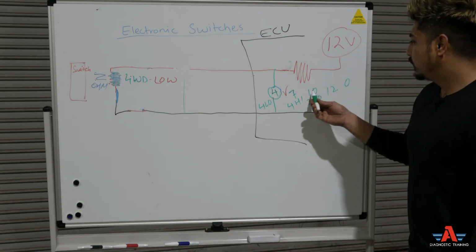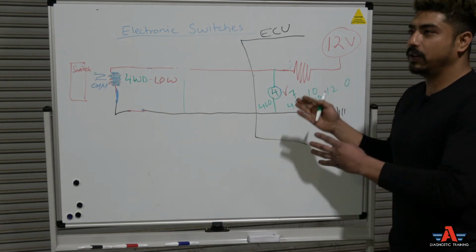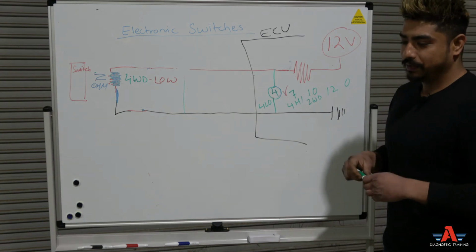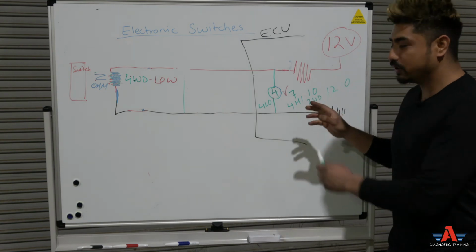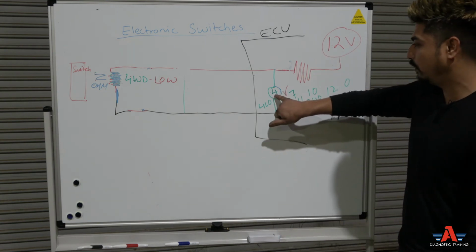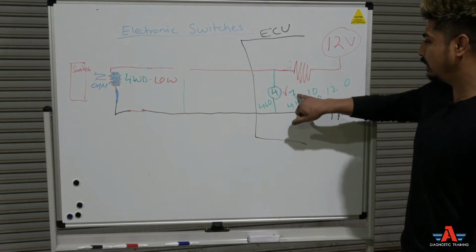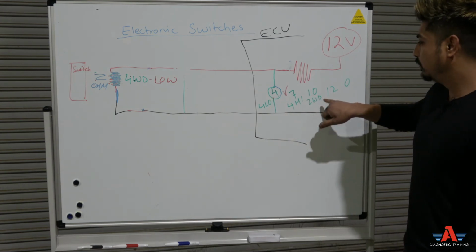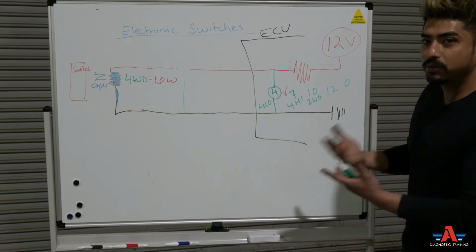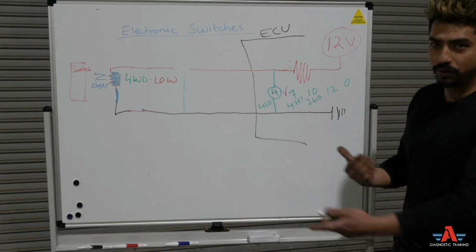The engineers have put that coding in the computer, so the computer knows when I see 4 volts it means 4 low, when I see 7 volts it means 4 high, when I see 10 volts it means 2WD, when I see 12 volts it's shorted to battery, and when I see 0 volts it's shorted to ground.